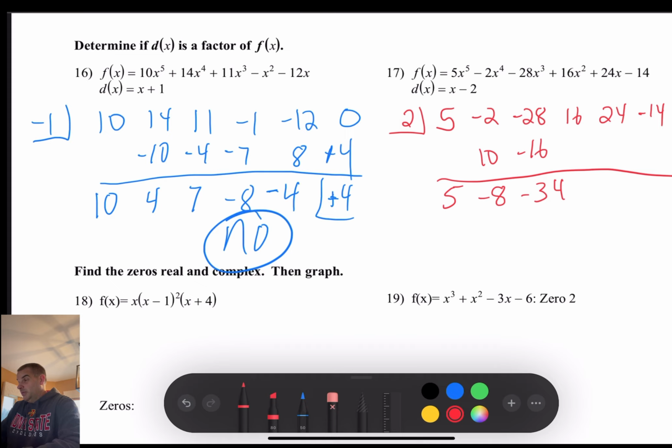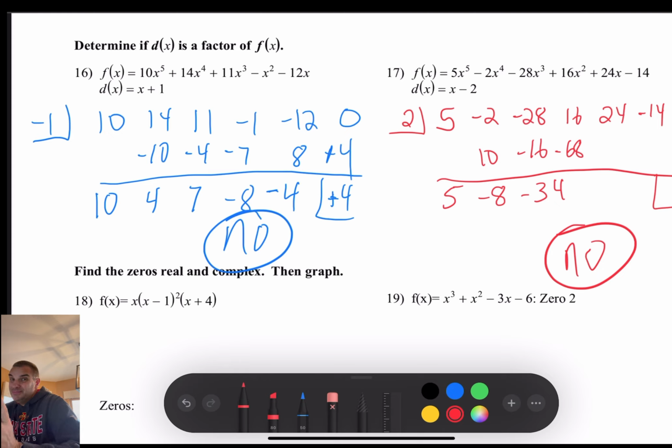And at this point, I'm looking at the rest going, yeah, there's no way this is going to be a factor of this. You can continue to work it out. Negative 68, and you've got some huge number that you're going to multiply by 2. So at this point, I would stop. It's not going to work. So no. Weird that I made both of them no, but might have none on the test. Might make both of them yes.